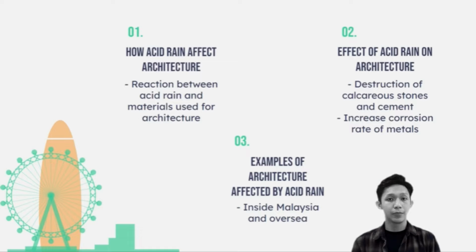They will be presenting about destruction of calcareous stone and cement and increased corrosion rate of metals. And lastly, examples of architecture affected by acid rain, which will be presented by Nurul Rafi'ah and Aina Sasalbila. The examples will be inside Malaysia and overseas.